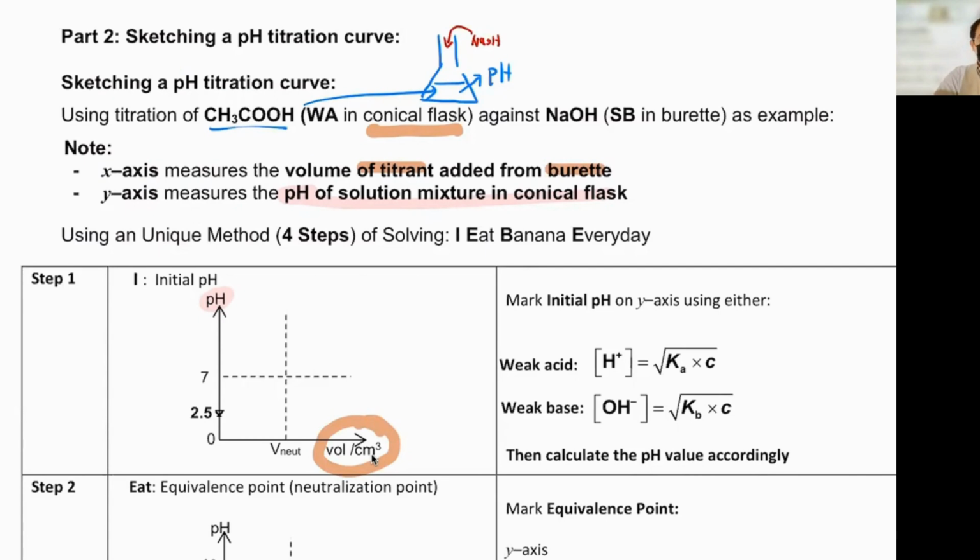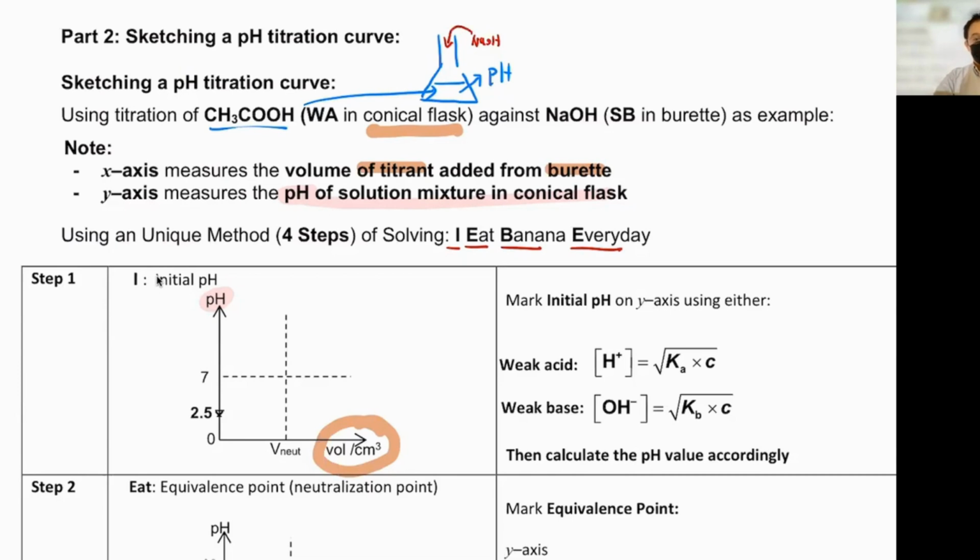What is the technique I should use to draw the graph? We use a very interesting technique here. I call this technique "I eat banana every day." Not difficult to remember. Let me show you how it is done. What does the word I represent? Your initial pH. So whenever you think of drawing a titration graph, think of the word I, initial pH.